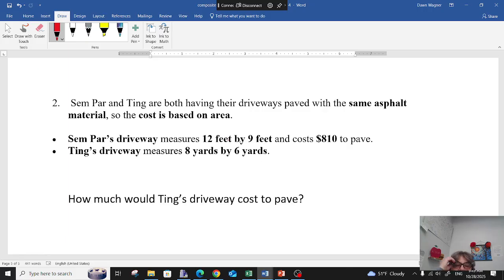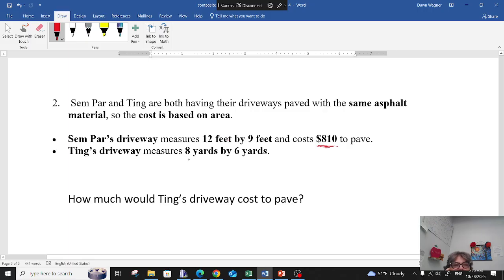What do you want to do? Change it to feet or change it to yards? It doesn't really matter. You could do it either way. And it'll still give you the answer because it's based upon, I would change it to feet because that's what Sempar's is, who we have the cost for. So I would change this one to feet.